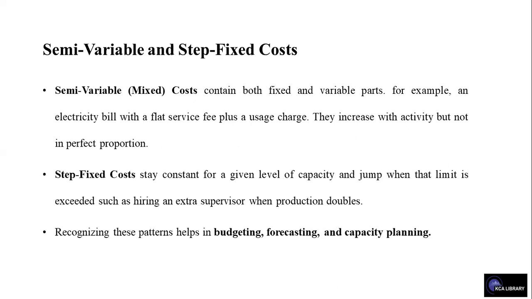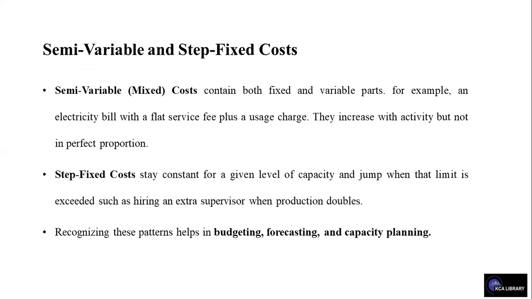For semi-variable and step fixed costs, they are costs that contain both fixed and variable parts. For example, electricity bills with a flat service fee plus a usage charge, and they increase with activity but not in perfect proportion.